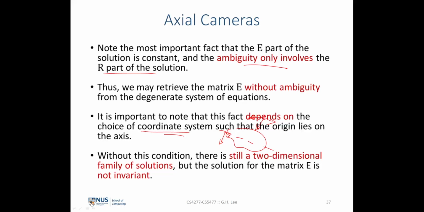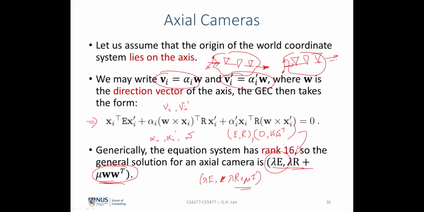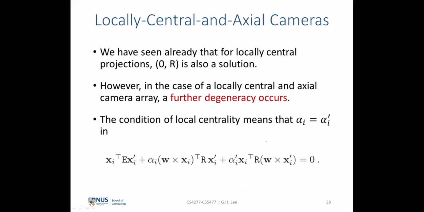But the rank deficiency will still occur. So we have also seen in the earlier case of a locally central camera that there's a degeneracy, and we also saw that for axial cameras there are two cases where it can be defined as both an axial camera as well as a locally central camera.